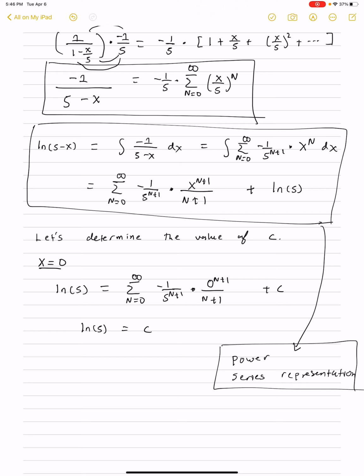Such tests include the ratio test, the root test, the alternating series test, the integral test, the comparison tests. We can use any of those tests, whichever one will answer the question, to determine when the series converges to the function. Okay, thank you very much.